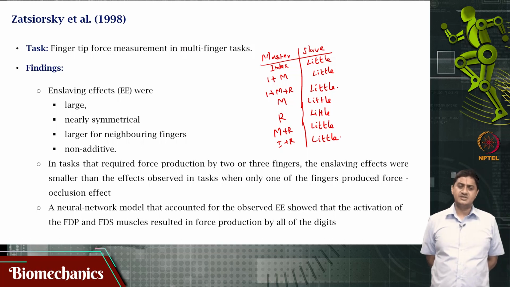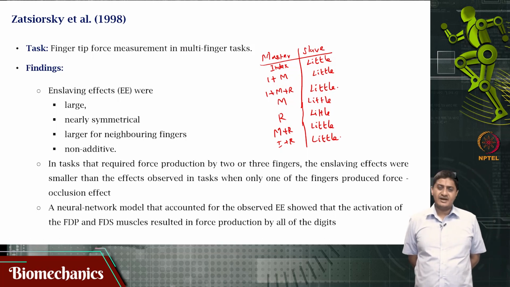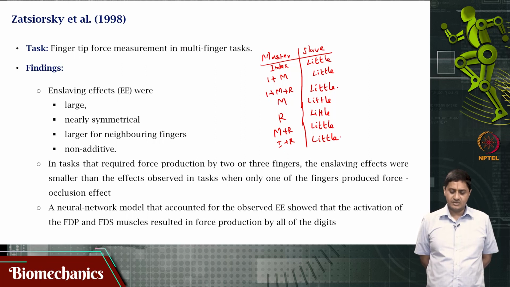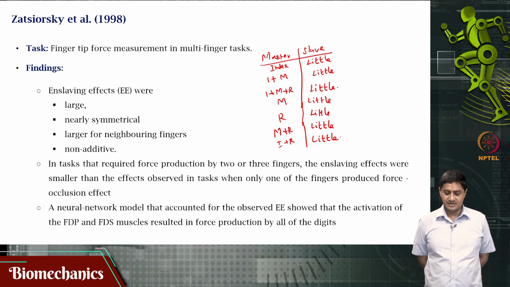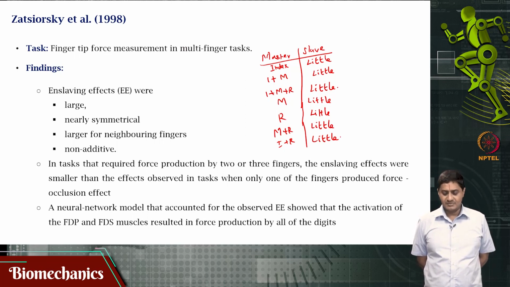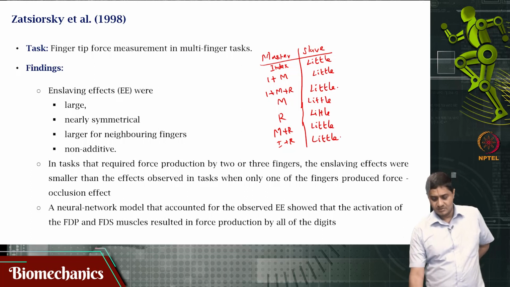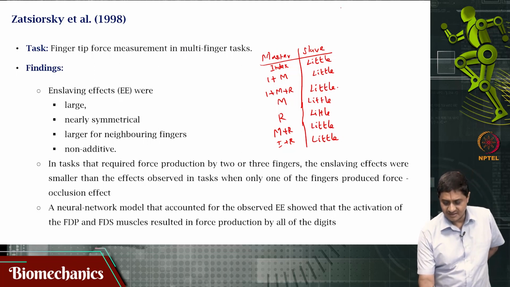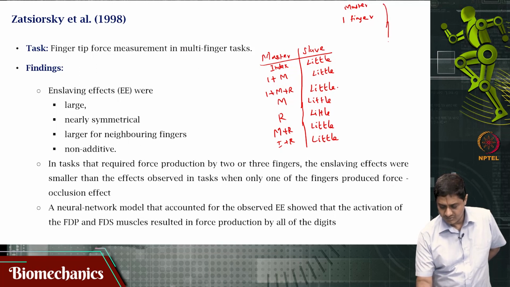The question is, if I had a way to compare the amount of enslavement where the explicitly involved fingers were just one, either I or M or R, or just two, IM, MR or IR, or three, there are three categories of tasks.